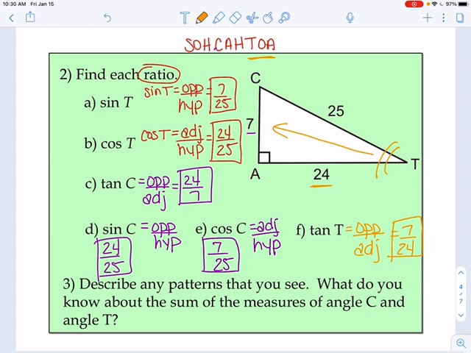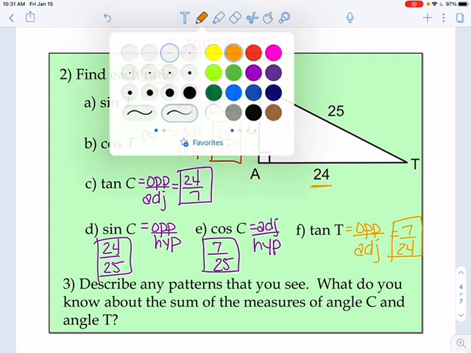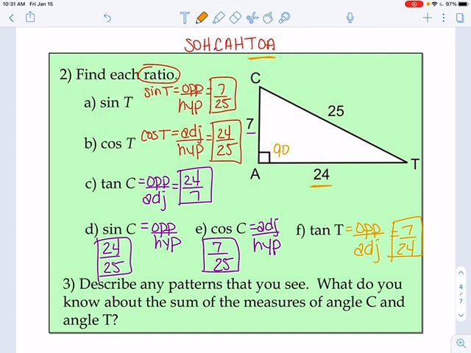Before we move on to our next slide, we want to describe any patterns that we see. What do you know about the sum of the measures of angle C and angle T? Well, this is a right triangle. That means this angle is 90.